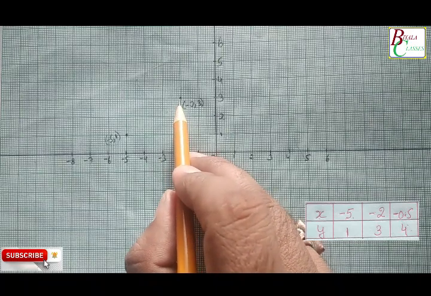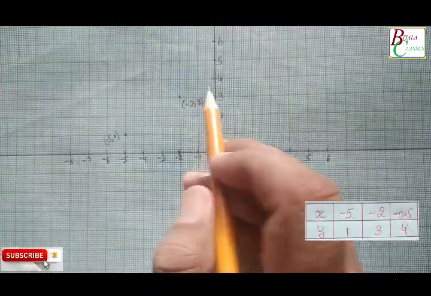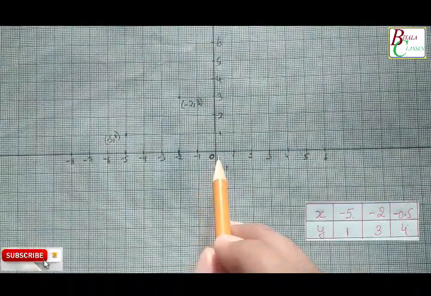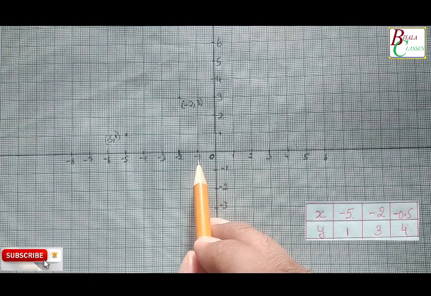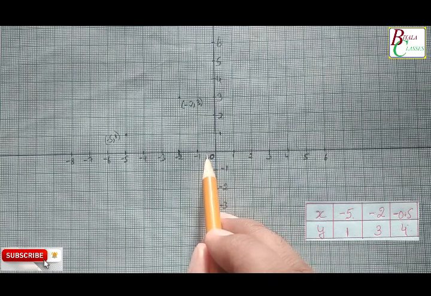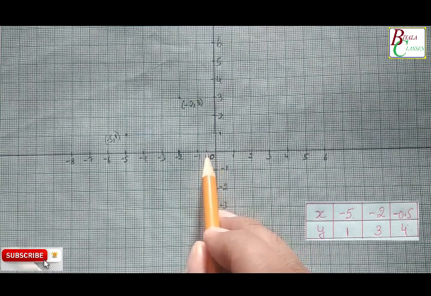Then the third point. Now the third point is x equals minus 0.5. So this is 0 and this is -1. And minus 0.5, 0.5 means half. So the midpoint of 0 and -1. This is 0.5.